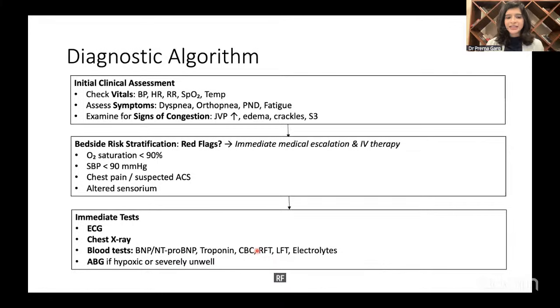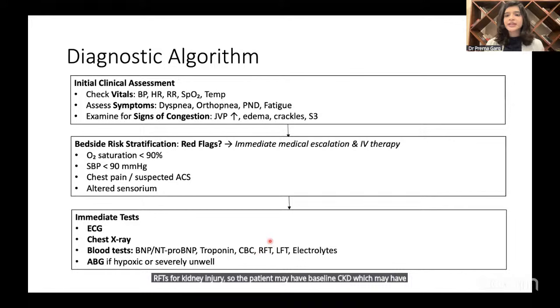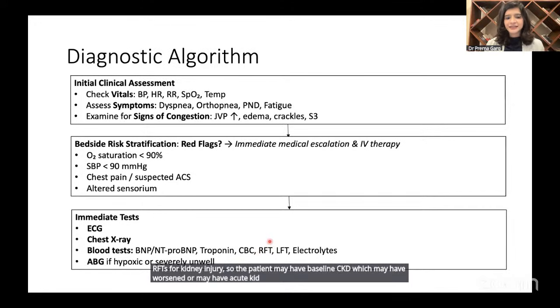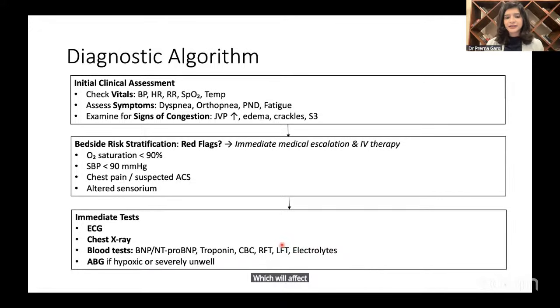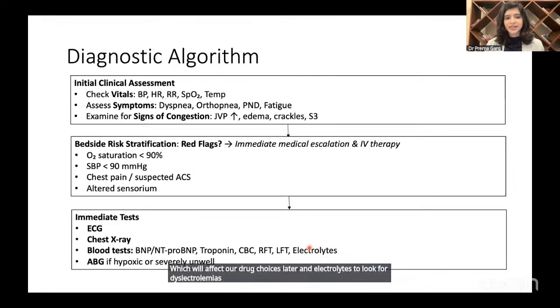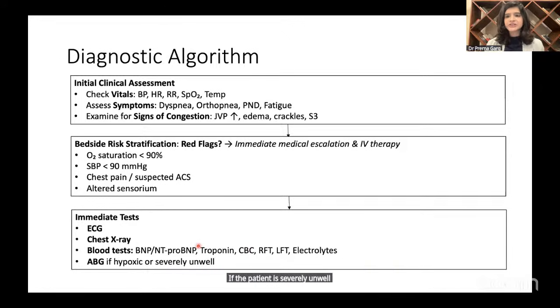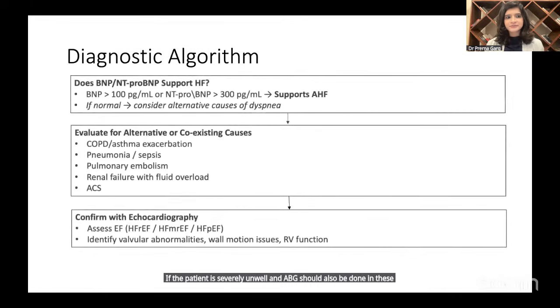RFTs for kidney injury. So the patient may have baseline CKD which may have worsened or may have acute kidney injury in this setting. And LFT to pick up ischemic hepatitis which will affect our drug choices later. And electrolytes to look for dyselectrolemias like potassium abnormalities. If the patient is severely unwell, an ABG should also be done in these patients.